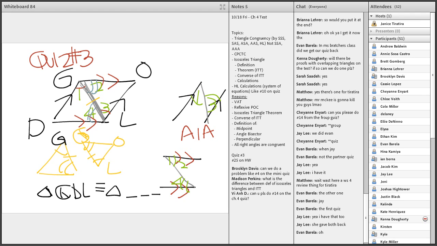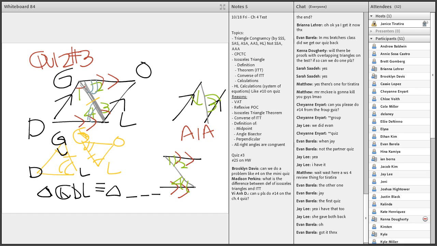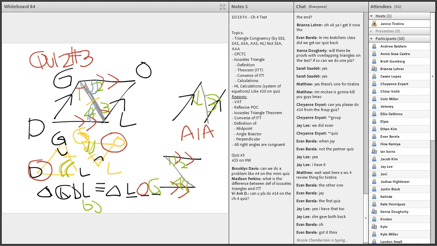So we should label this G, L, D. G in the original one has 1 tick mark, 1 angle mark. And in the other picture, L has 1. So L has to be first. Then D has nothing. It's empty. So O is empty. That has to be O next. And lastly, L has 2 angle marks. That matches with G. So it has to be triangle LOG. And they are congruent by angle side angle, in this case, for number 3.